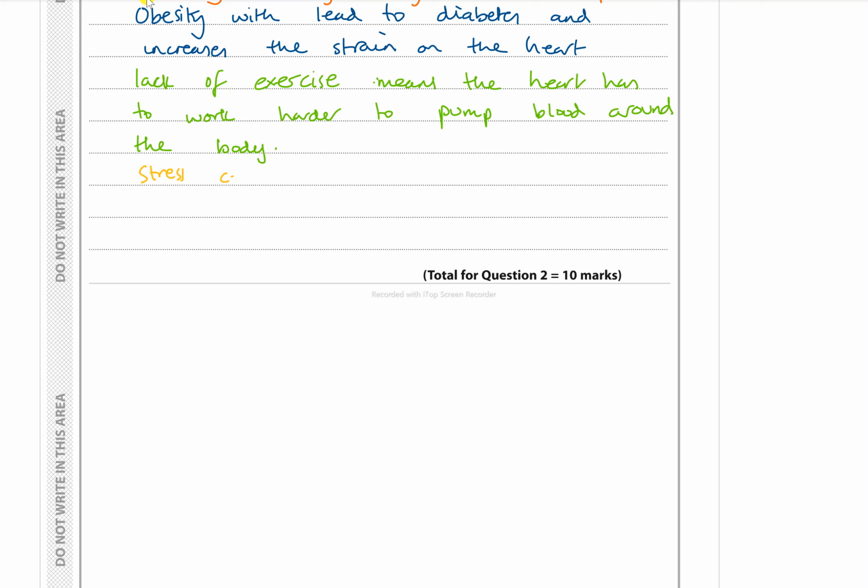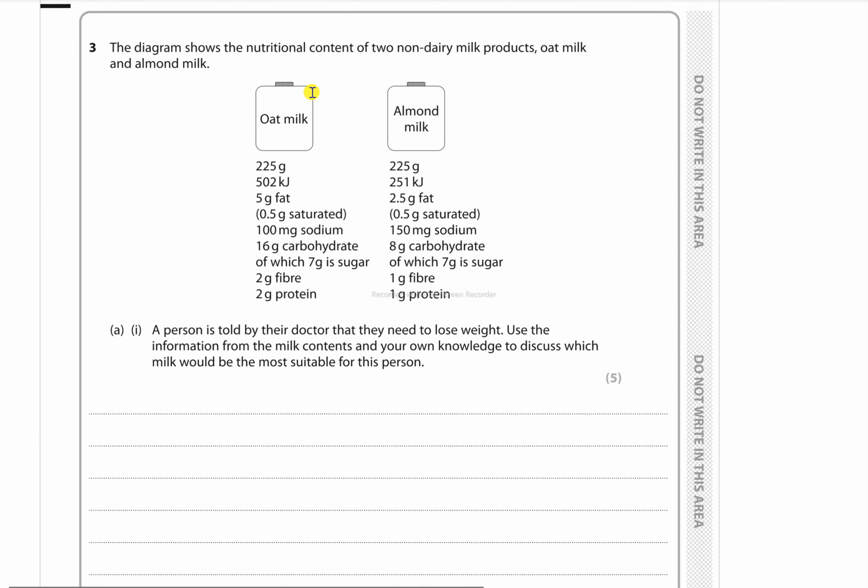Stress can cause, just say high blood pressure, putting stress on the heart, yeah. So your heart has to work harder. Oh, right, okay.